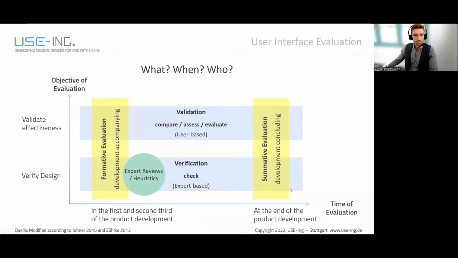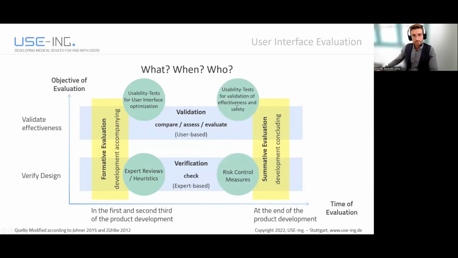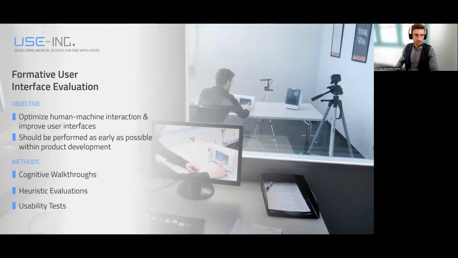And those serve, on one hand, sometimes to verify, and on the other hand, sometimes to validate the effective and safe use of your medical product. So here again, we have this strong link to the risk management. We have the link to the validation of the requirements that we derived. Everything comes together in the user interface evaluations.